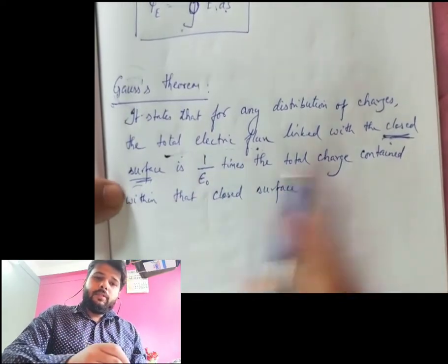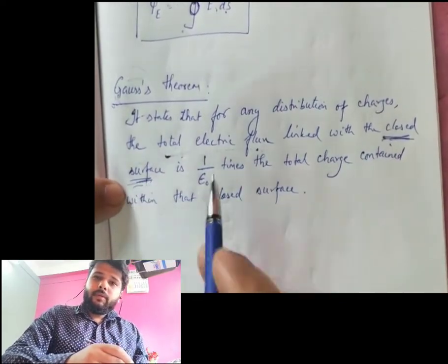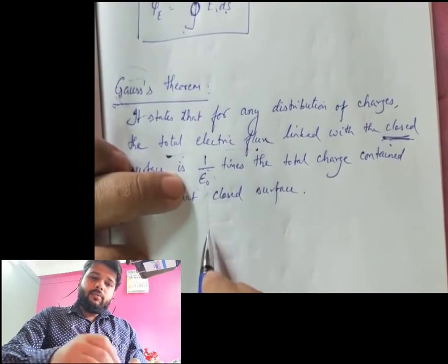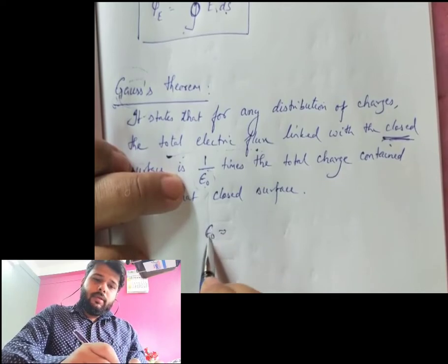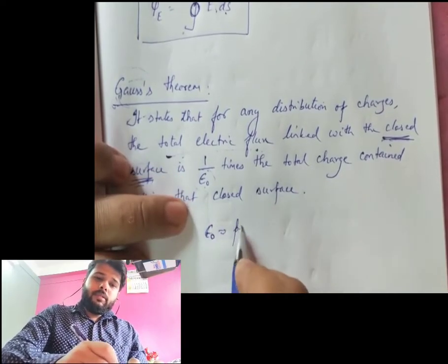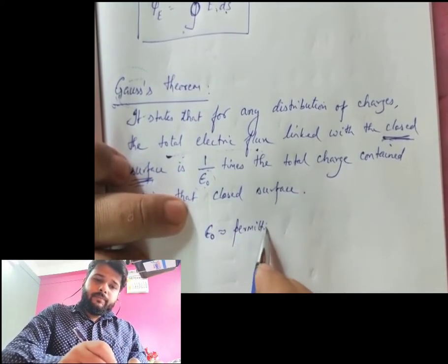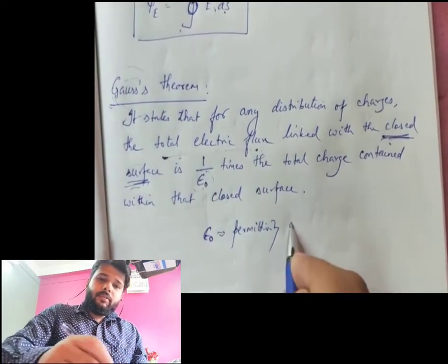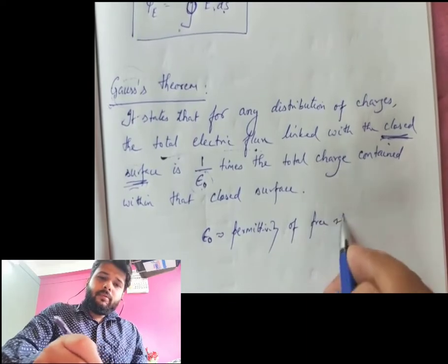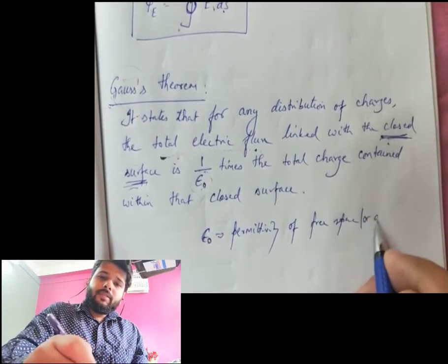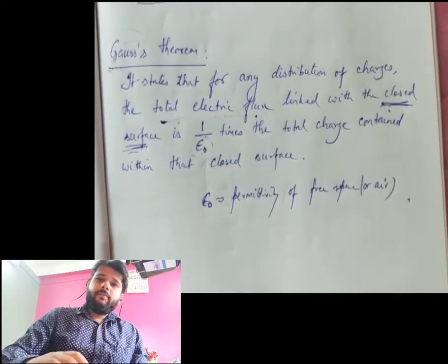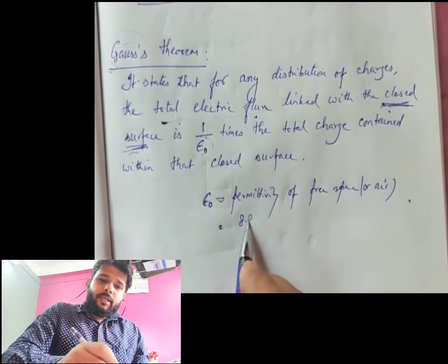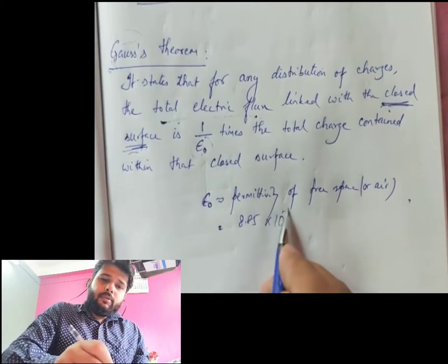So the electric flux linked with the closed surface is how much? 1 by epsilon naught times the total charge. We all know that epsilon naught is the permittivity, as we studied in the previous part. It is the permittivity of free space, or we can say permittivity of air, and its value is 8.85 into 10 to the power minus 12.